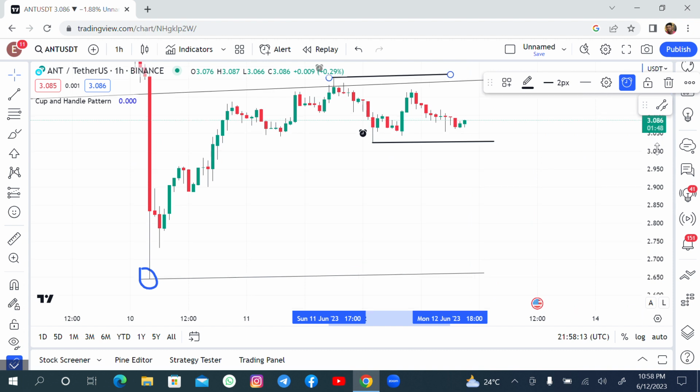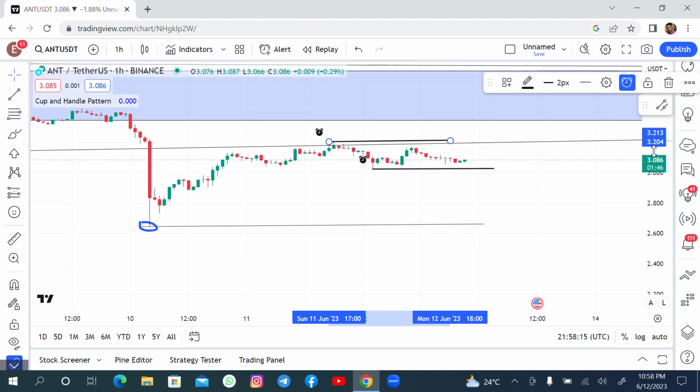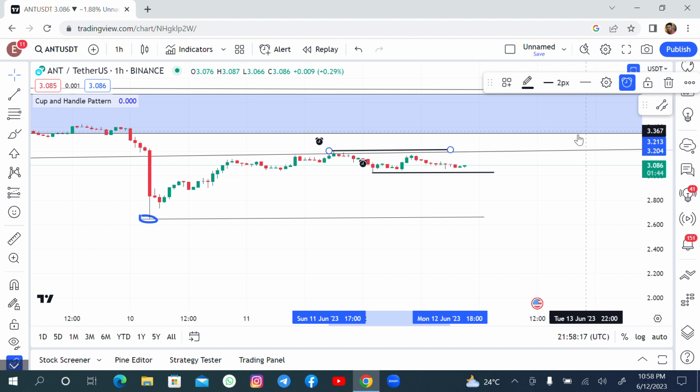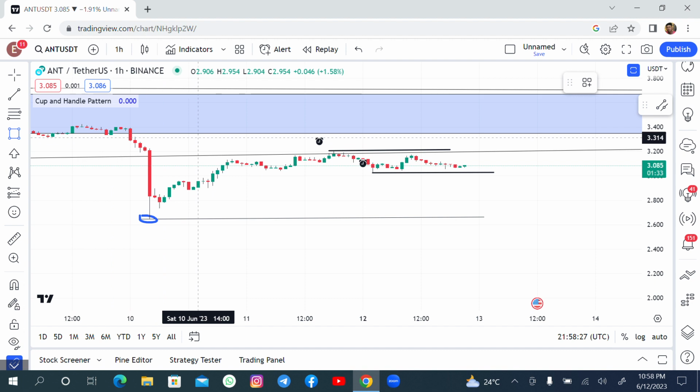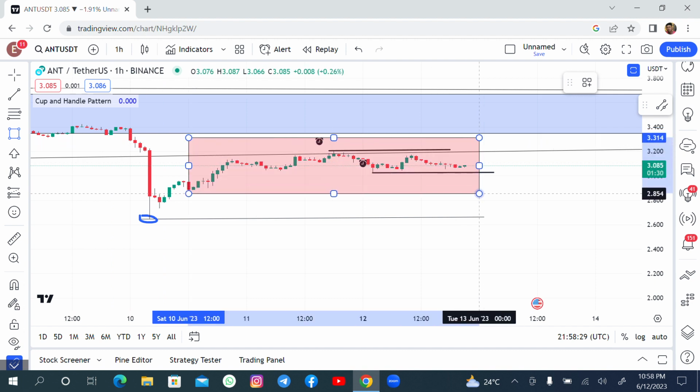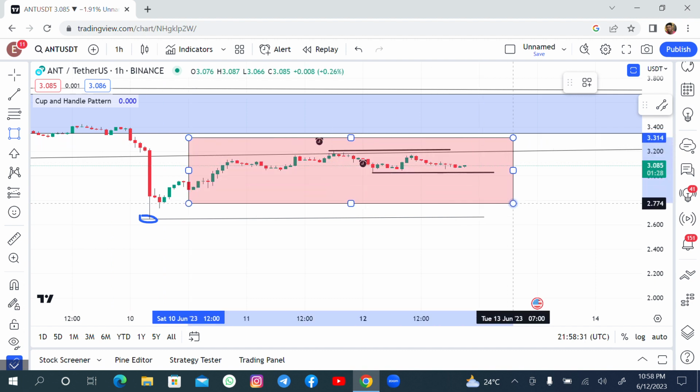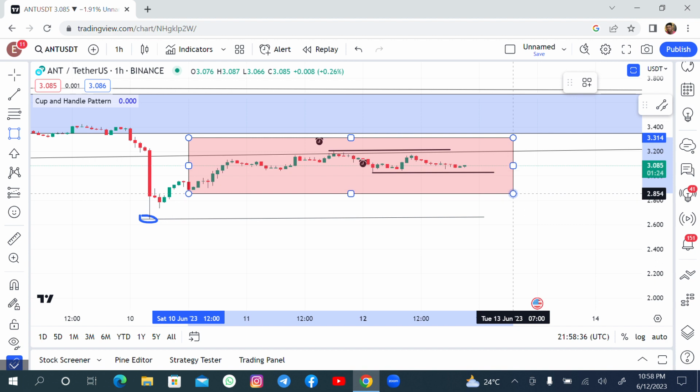If we do take out that one there, then know that everything we've been seeing here is all a consolidation. Everything happening in this box is strictly a consolidation to move towards the upside or the downside.